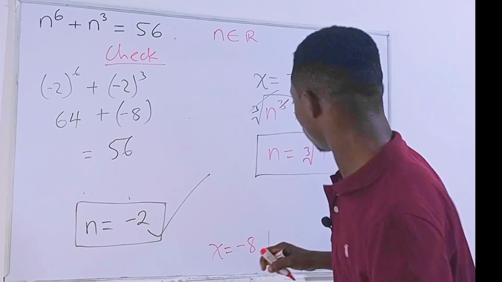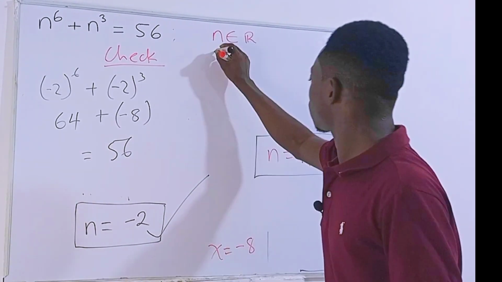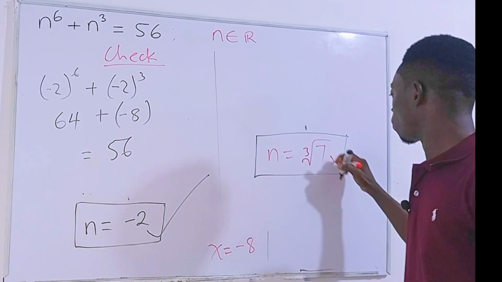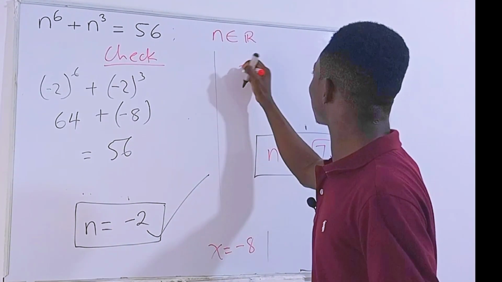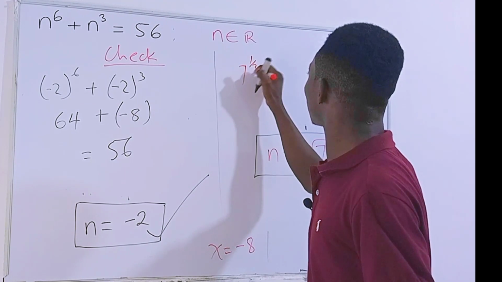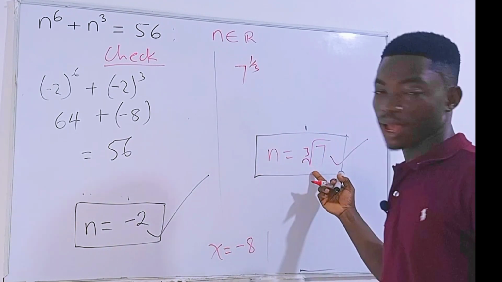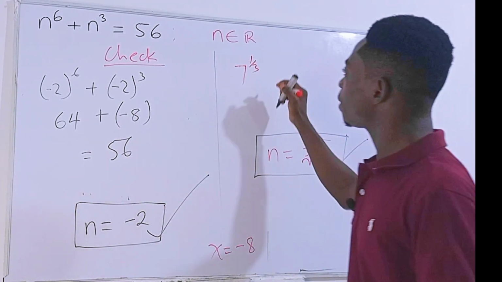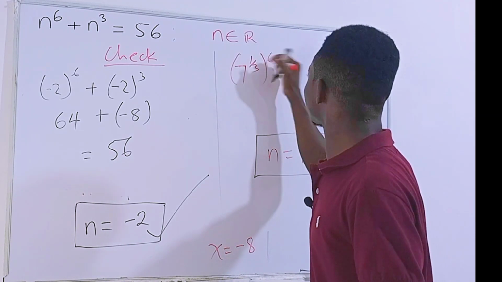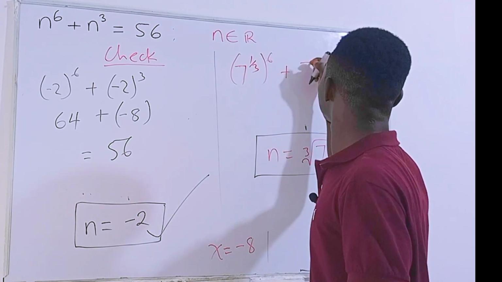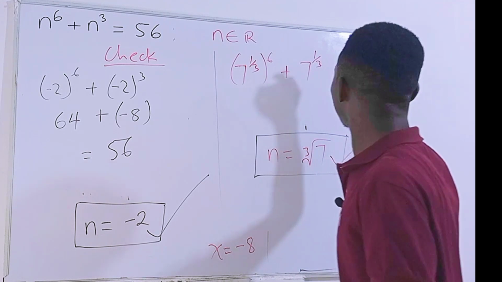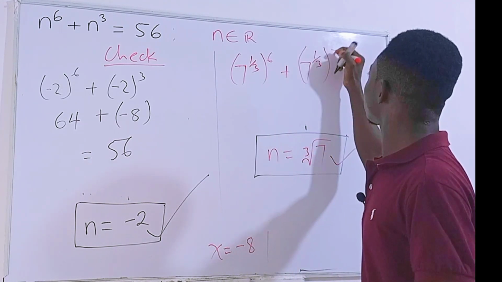Then let's come to the second one. Then when n is equal to this right here, we're going to have 7 to the power 1 over 3, which is the same as this right here. Then all to the power 6 plus 7 to the power 1/3 all to the power 3.